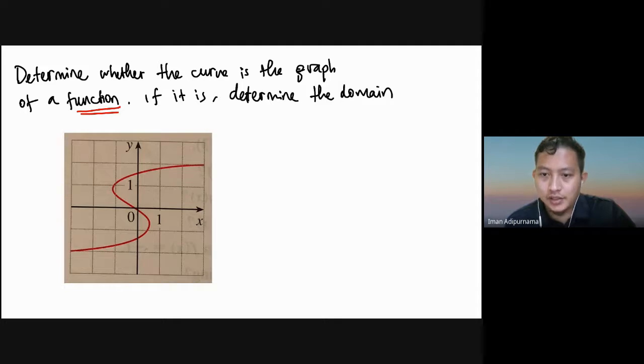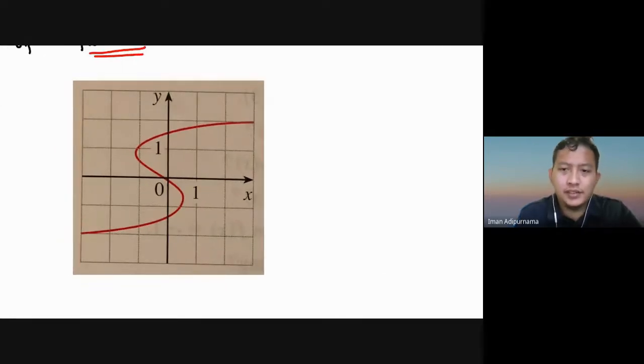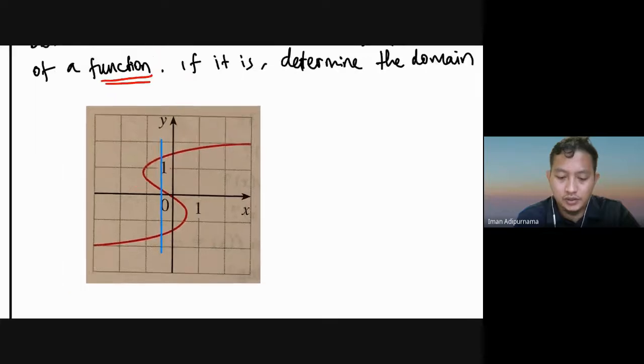Yeah, vertical line check. Okay, good. Nice. So that is one way to check. I think it's pretty obvious, right? If you check here, it intersects how many times? It's one, two, three. So of course it's not a function, right?